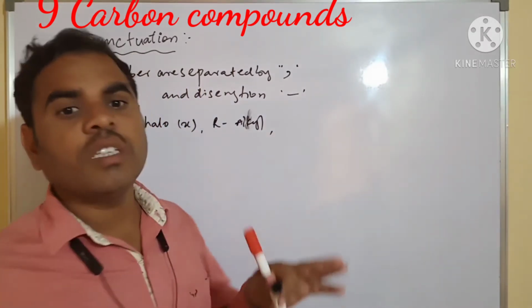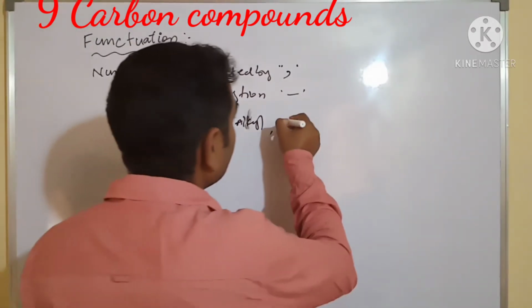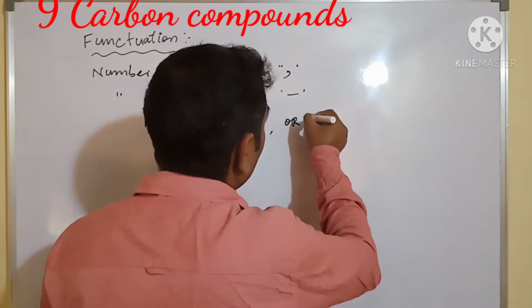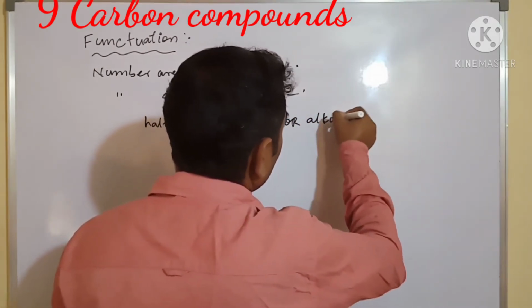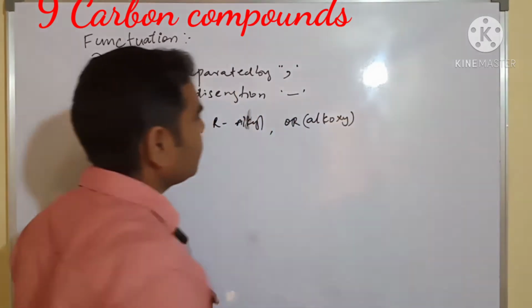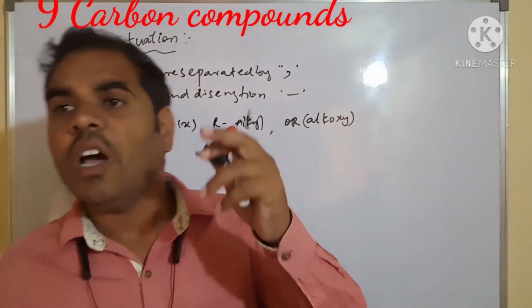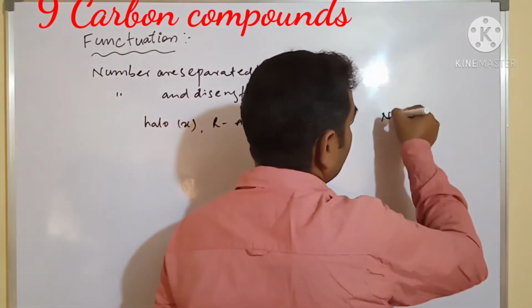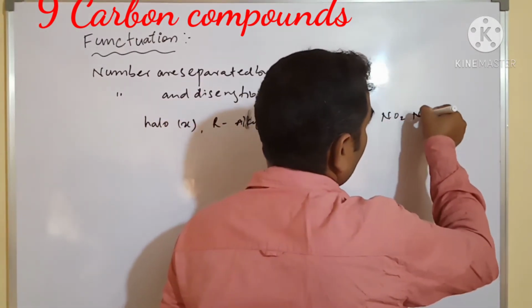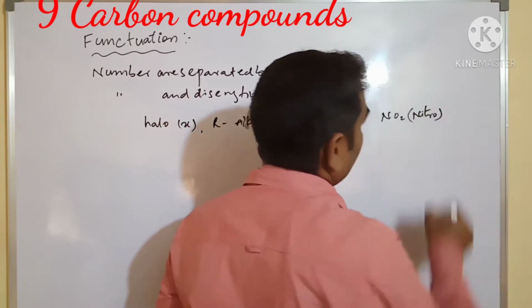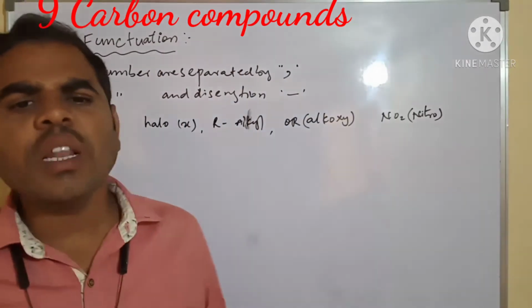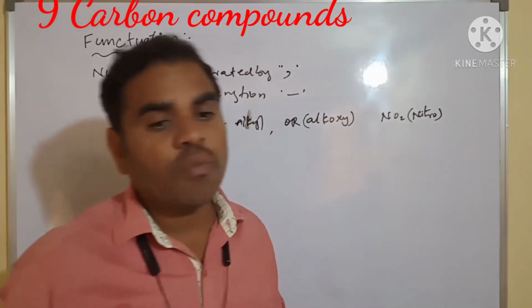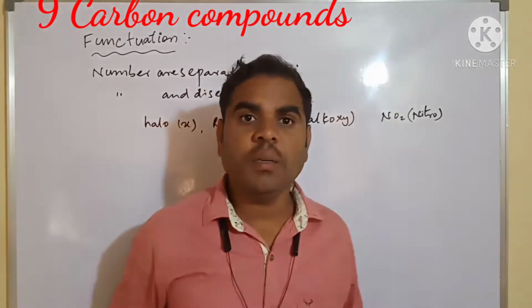Next, alkoxy. Next, nitro. So, this is how the number of substituents present is arranged.